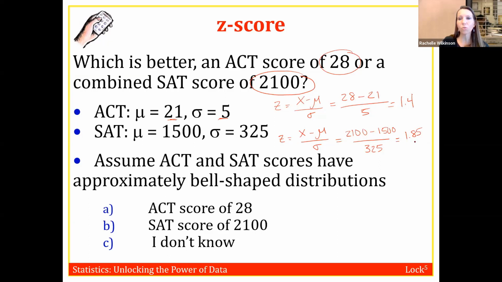So the SAT Z-score of 1.85 says my SAT score was 1.85 standard deviations above average, and the ACT Z-score says I was 1.4 standard deviations above average. Was either one of these an unusual observation? No, because it wasn't greater than 2 or less than -2. The SAT one's getting close, but it wasn't quite there yet.